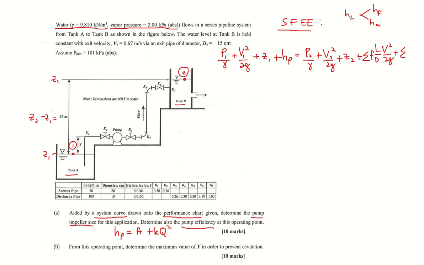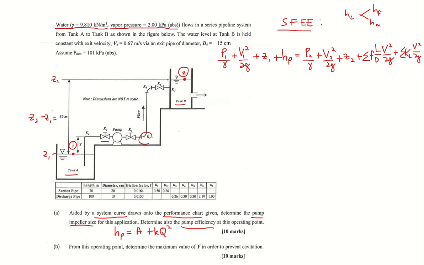For example, we have elbow, or we have the valve and the inlet and the outlet. So there will be losses in these components. So the minor loss is the summation of KL, where KL is the loss coefficient in these components, times V squared over 2G. All right.